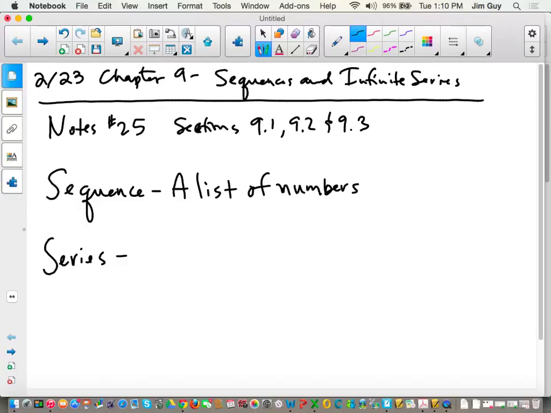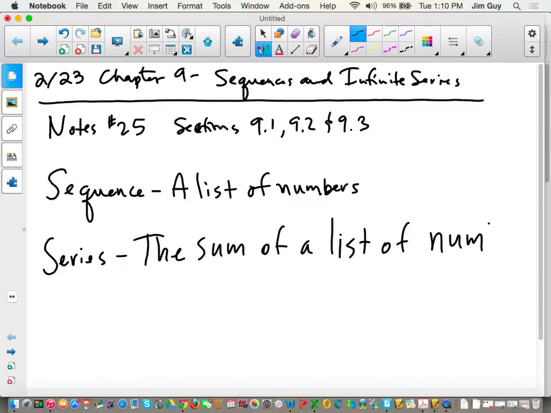Excellent. Very good. So, a series is the sum of a list of numbers. Okay? That's the difference. For example, a sequence would be like 1, 3, 5, 7, 9.